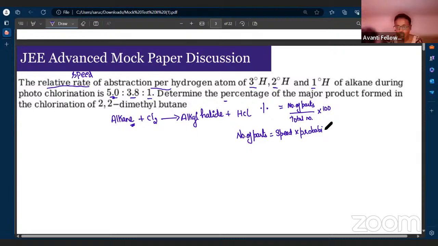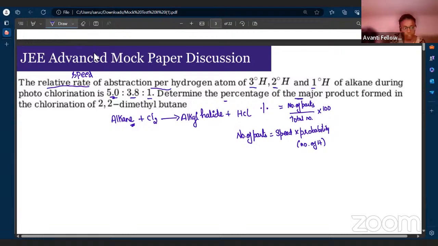So first we will write the reaction so that we know what the major product would be. First I'm writing the compound 2,2 dimethylbutane. Everyone write the compound 2,2 dimethylbutane in your notebook.